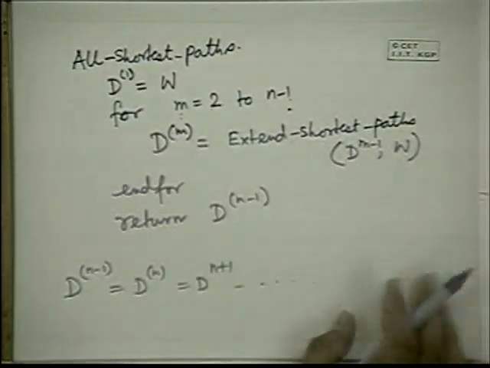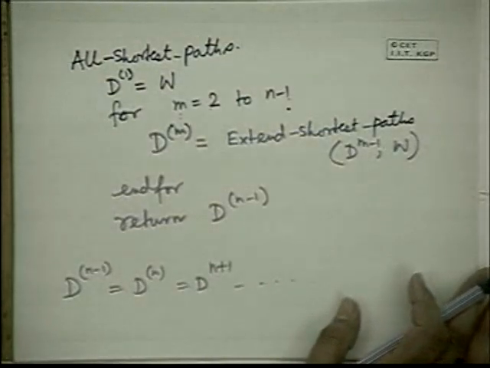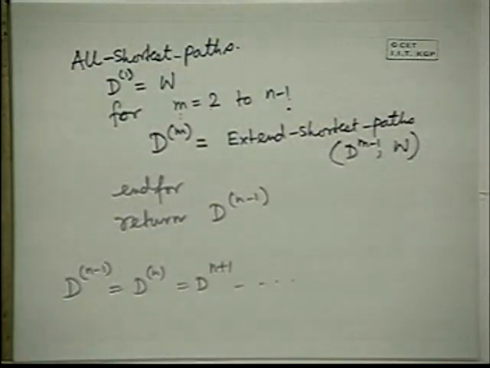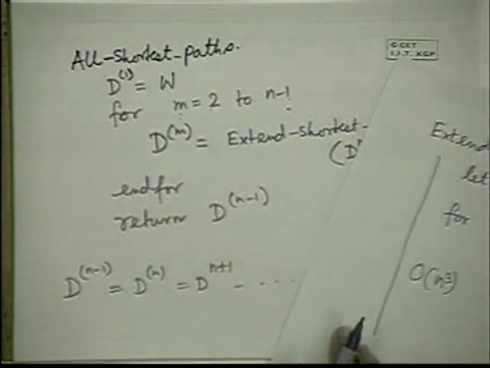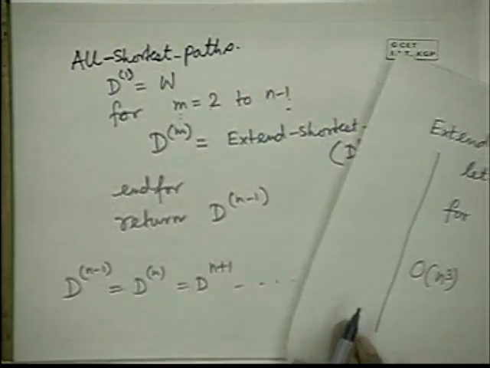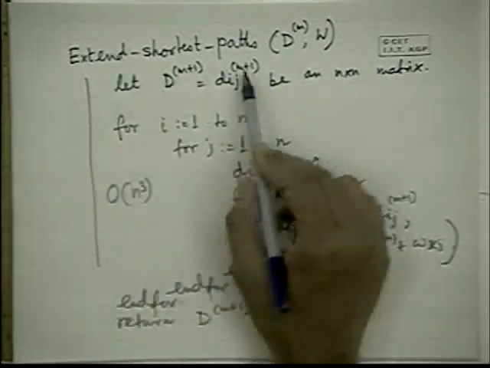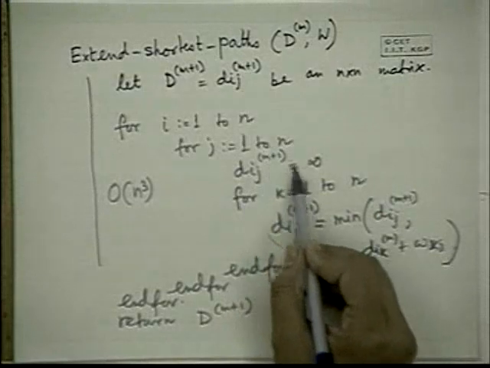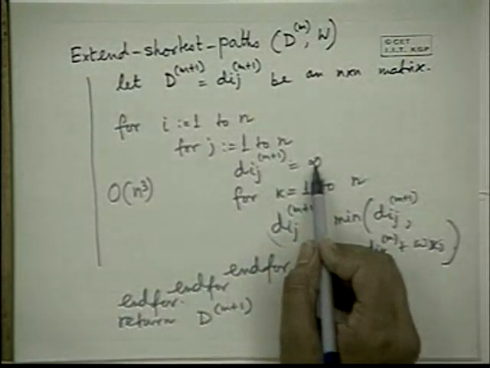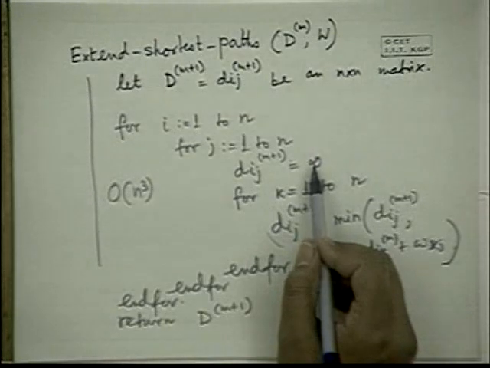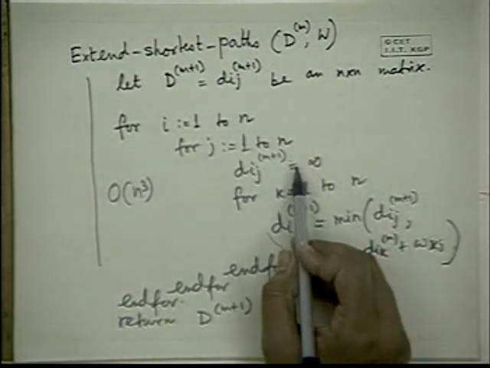Yes. Initialization says Dij m plus 1. I think it should be initialized to the previous value at the end. You initialize to infinity. So his question is, in the extend shortest path algorithm, Dij m plus 1 should not be initialized to infinity. It should be initialized to the previous value in Dm.